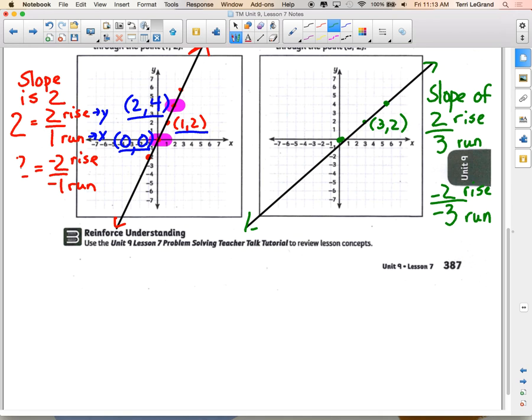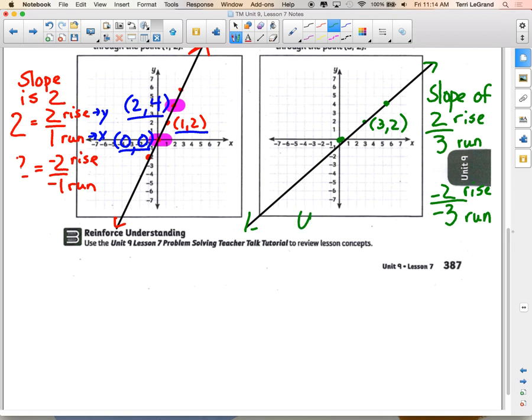We should actually be able to write equations for all of these. Anybody think they know the equation of this graph? What would the equation of this graph be? It has a slope of 2/3. From our other page, what did we do when we knew the slope? How did we write our equation?